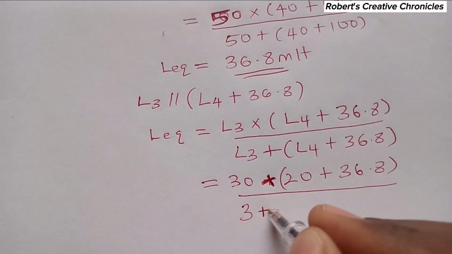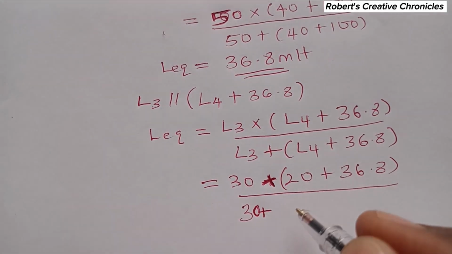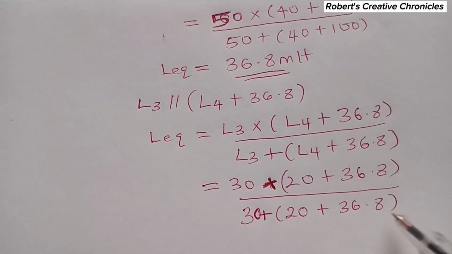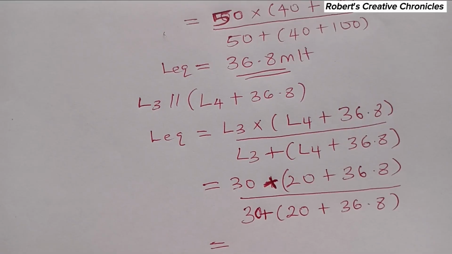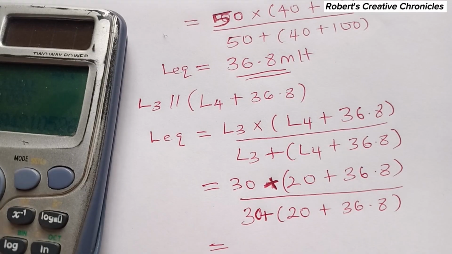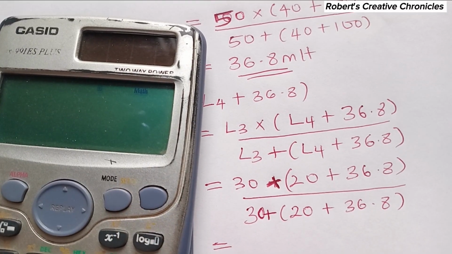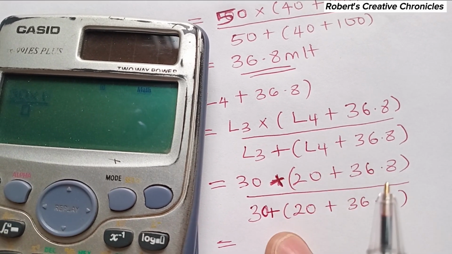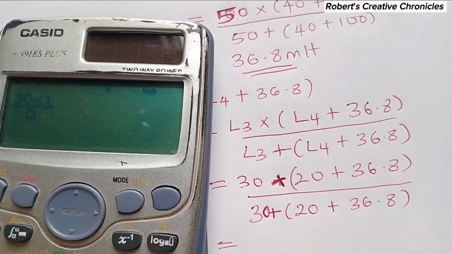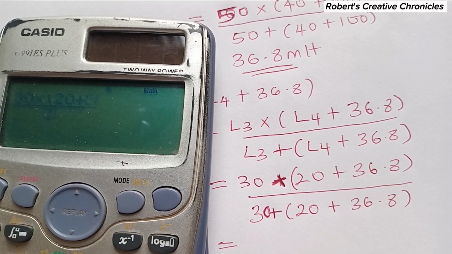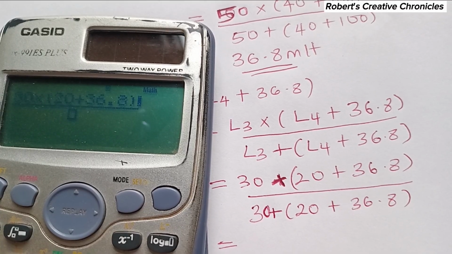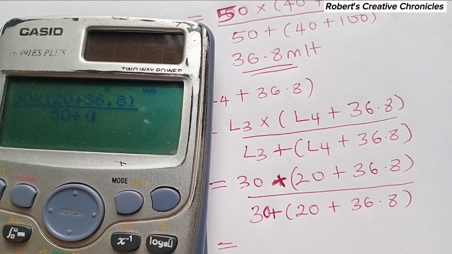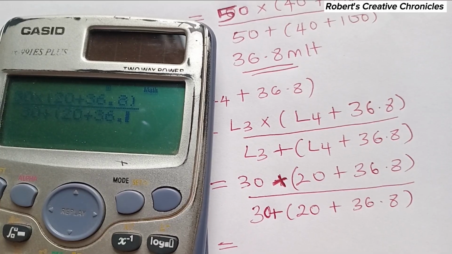So it will be 30 times (20 plus 36.8) over 30 plus 20 plus 36.8.